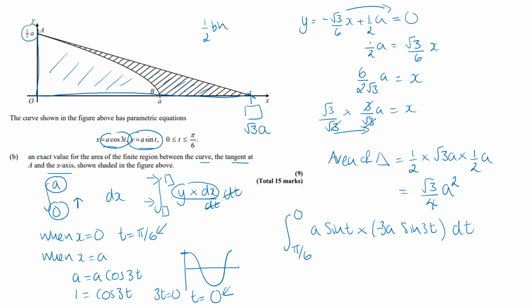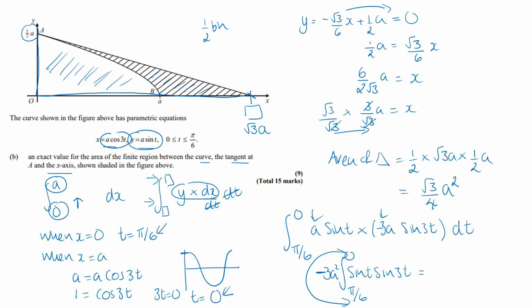So what I'm going to do now is take these constants out of the way, so it will be minus 3a squared sine t sine 3t between pi by 6 and 0. Now, because these limits are upside down and we want a positive area, that minus can just mean that we switch those limits round.